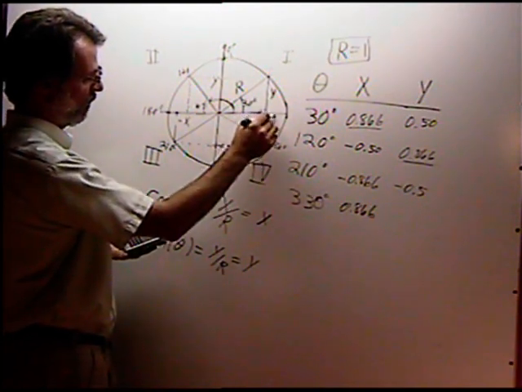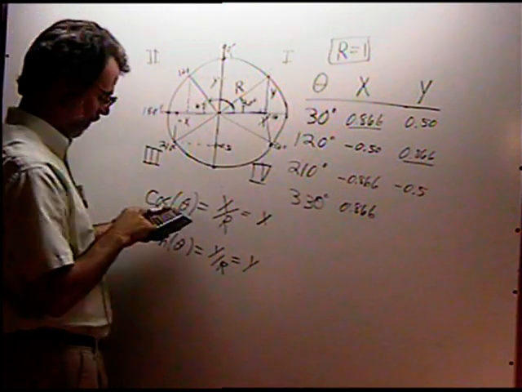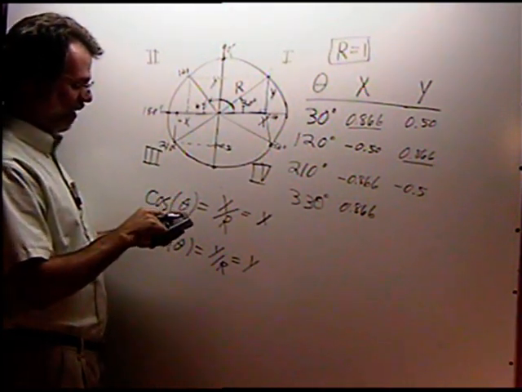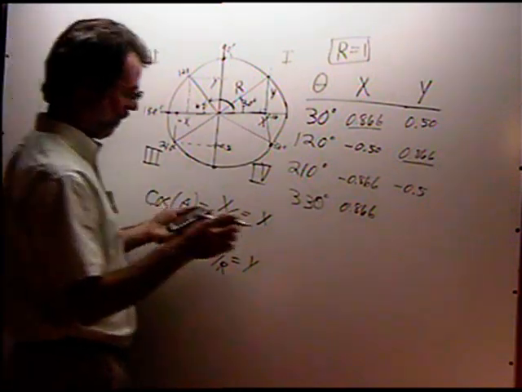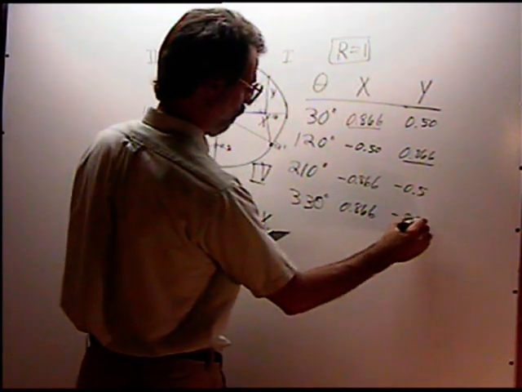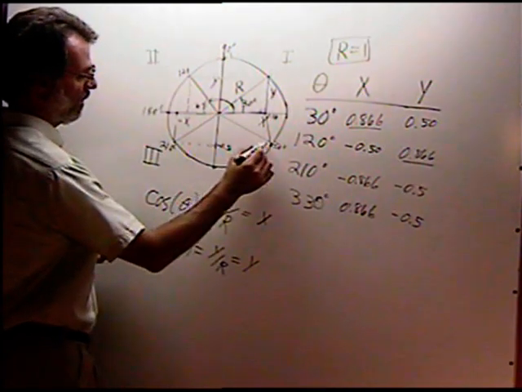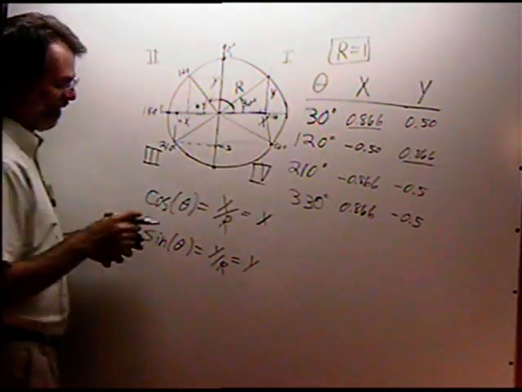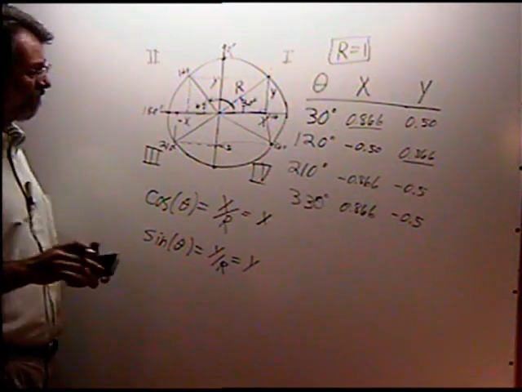If I take the sine of that angle, I get minus 0.5, which means that these two angles have the same y value. I purposely picked it that way.